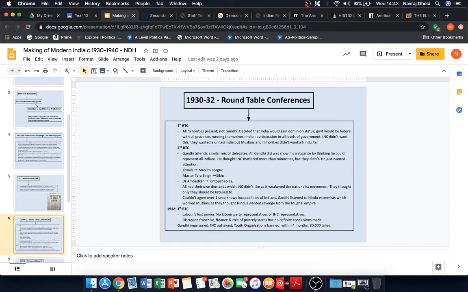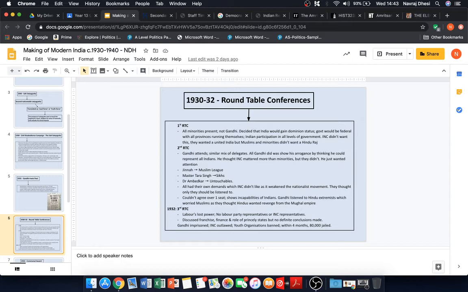He believed that only Congress and himself were able to sufficiently and effectively represent all different sections of Indian society in the arena of Indian politics, irrespective of religion, irrespective of caste, irrespective of class. Okay, and this was really, really problematic.